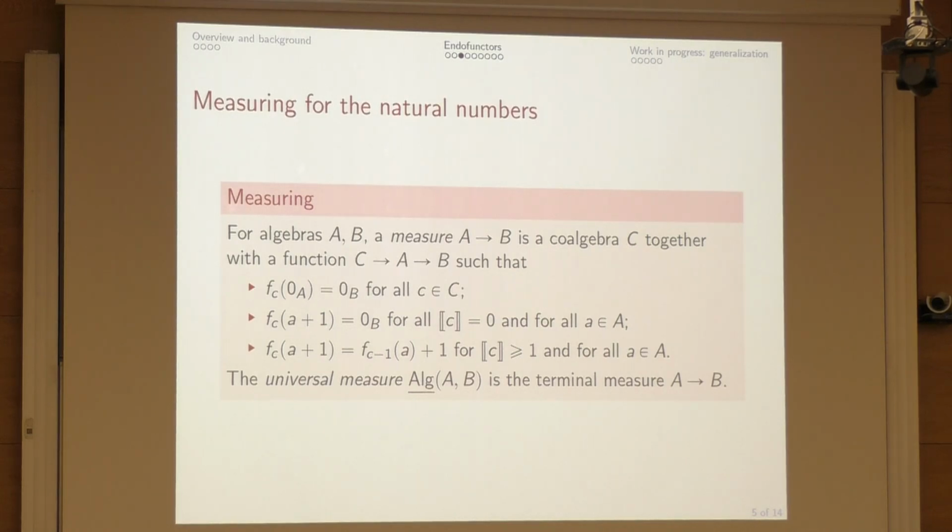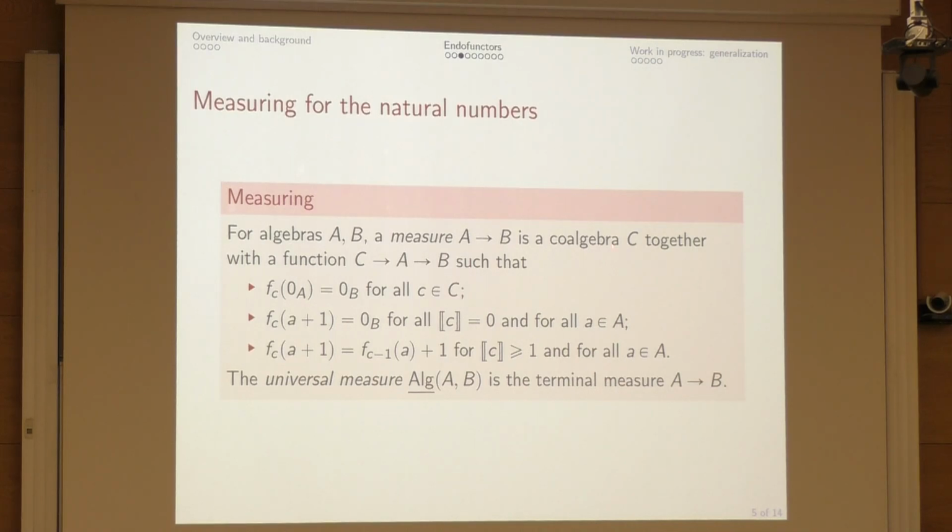So if we just spend 5 minutes, which we don't have, to unravel the diagram on the previous slide, it indicates that we're in the category of sets, and we're looking at this endofunctor that takes x to x plus 1. Then we can write down pointwise what the diagram is saying measuring is.